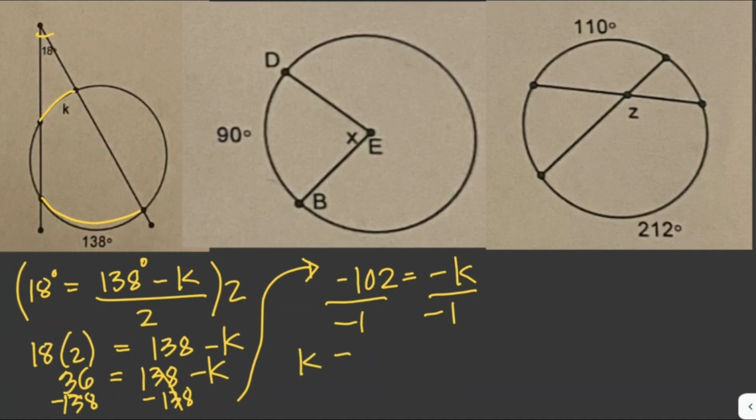So the minor arc is just equal to 102 degrees.